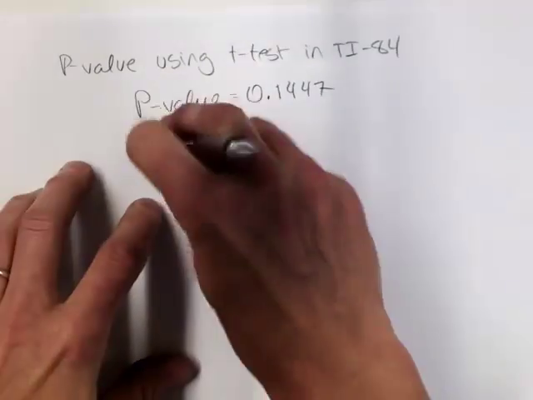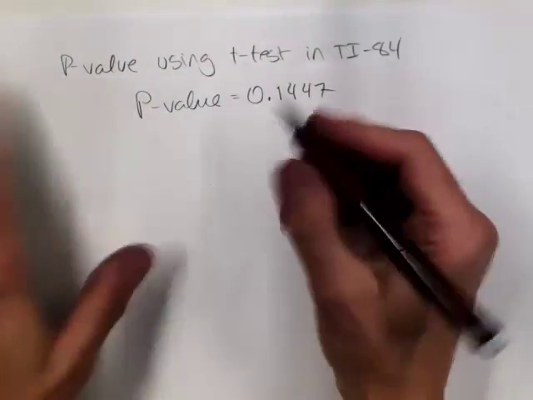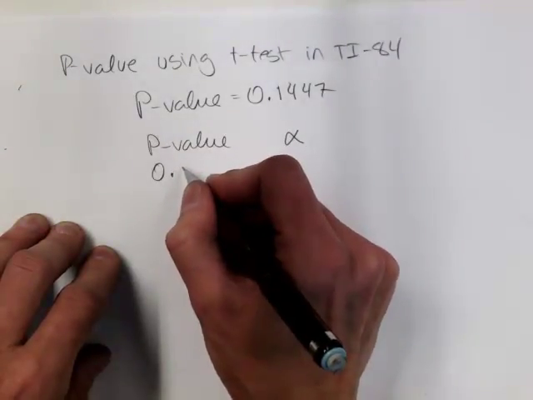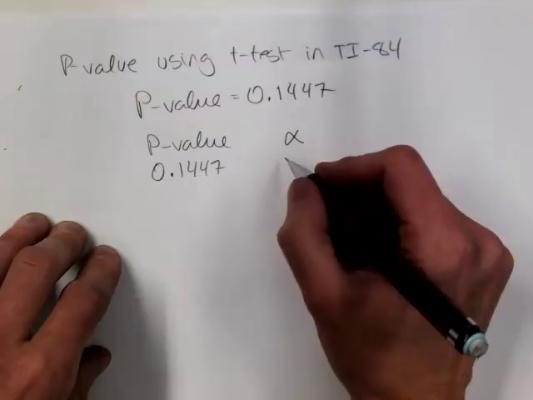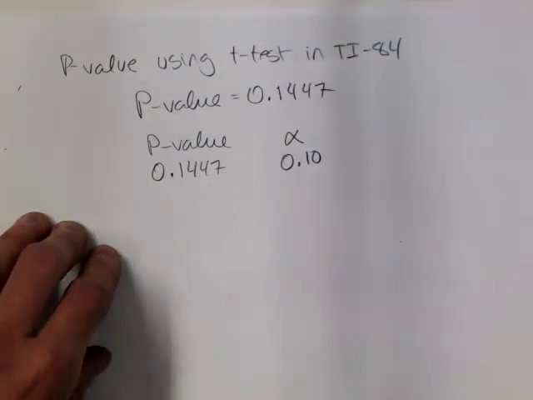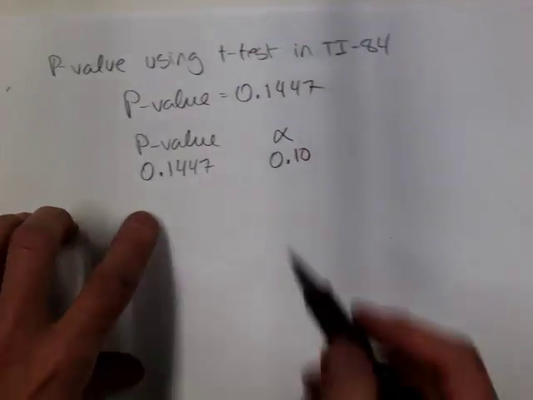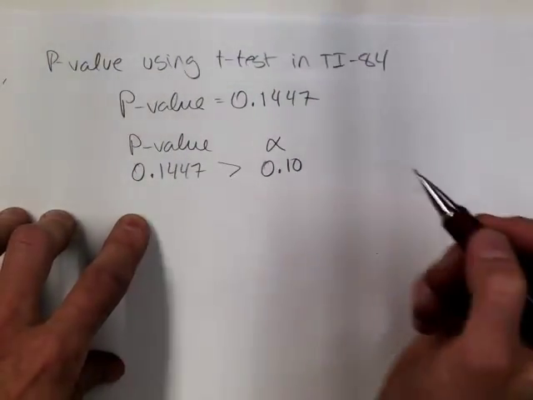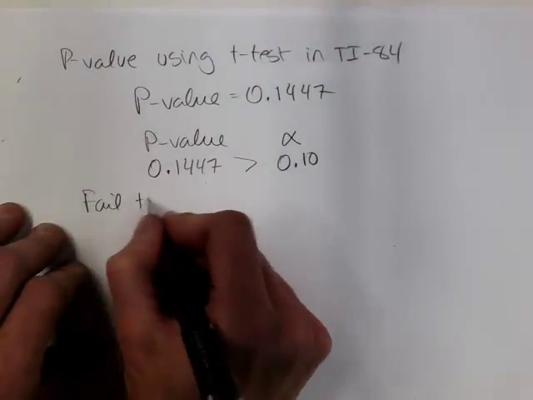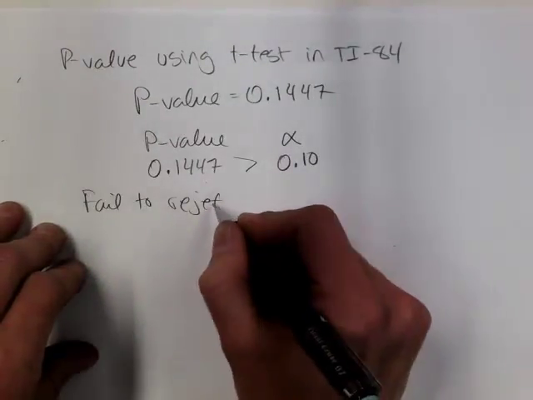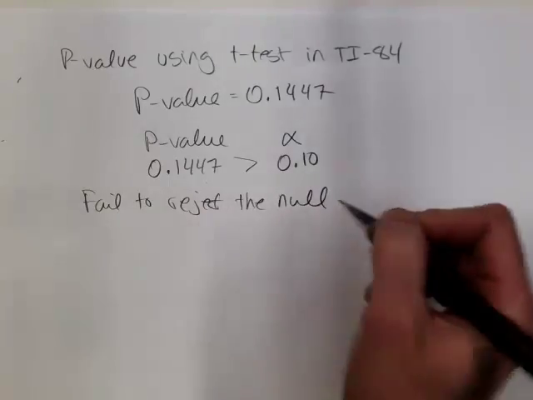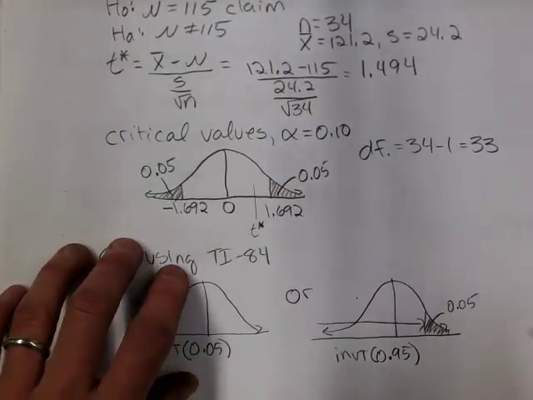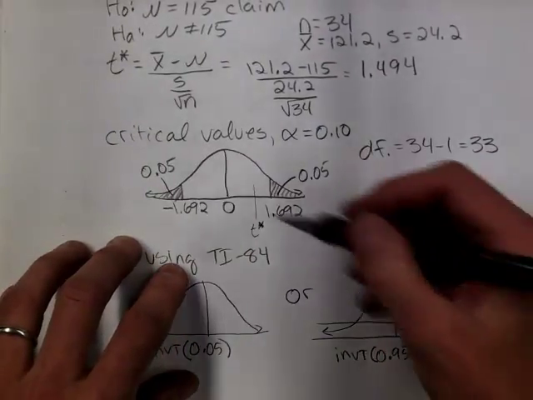So let's compare the p-value to alpha. My p-value is 0.1447. Alpha was 0.1. Is this p-value less than or equal to alpha, or is it greater than? It's greater than. So in this case, we fail to reject the null. If we look back at our critical value and our test statistic, that should make sense.